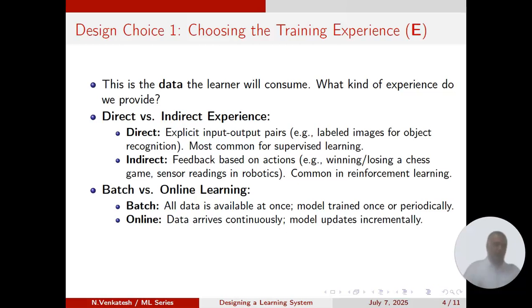In a chess game, something like because of this move I won, or because of this move I lost. It's an indirect feedback that you get after the result of that game. So, which is commonly used in the reinforcement learning.